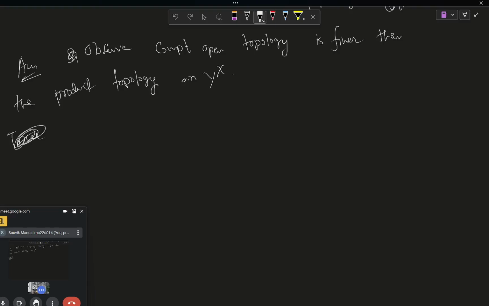Now for the converse part, let K subset of Y be compact.